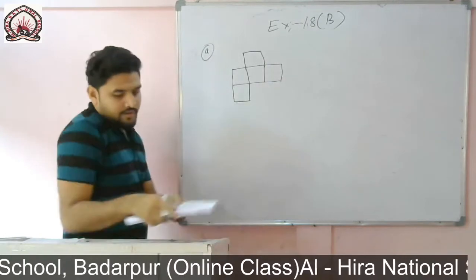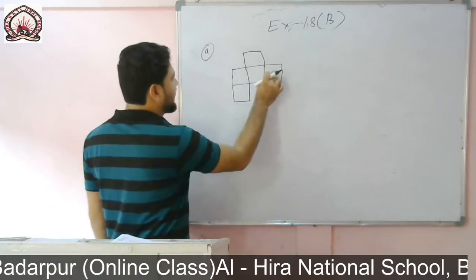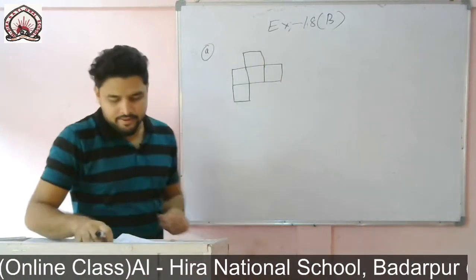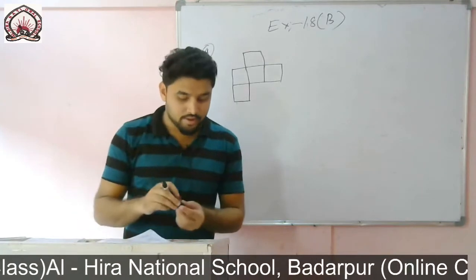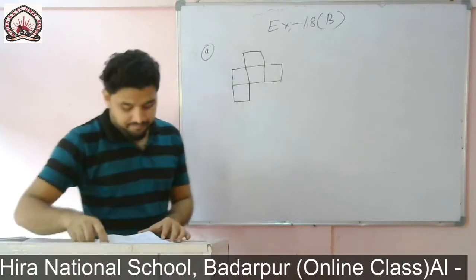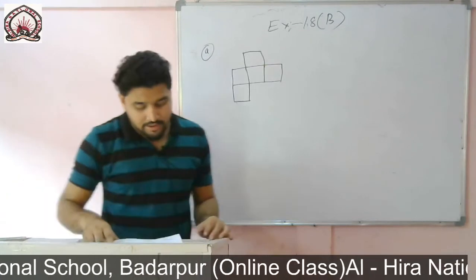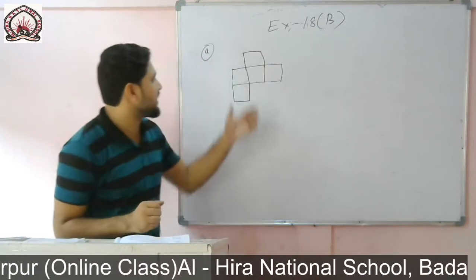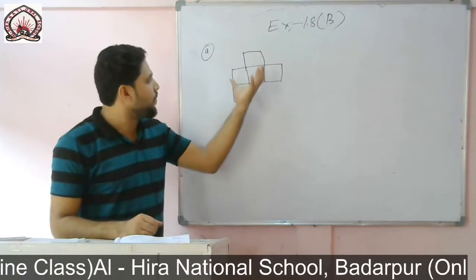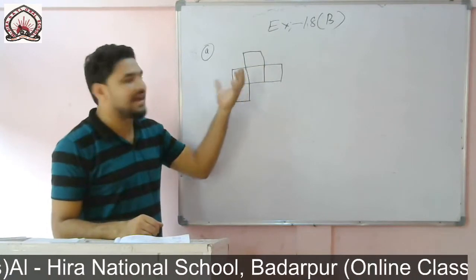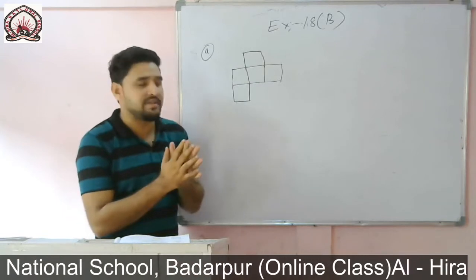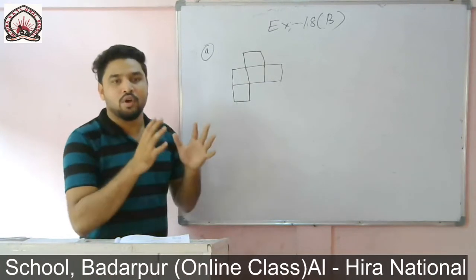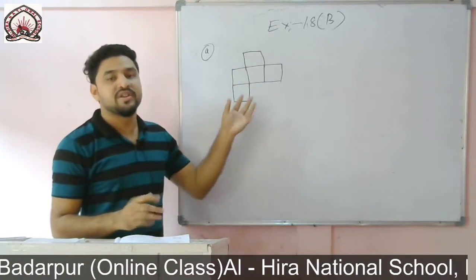You see there are 1, 2, 3, 4, 5 faces, and the question asked is which nets will fold into a closed box. So if I fold them, we want to check whether these sides will make a closed box or not.